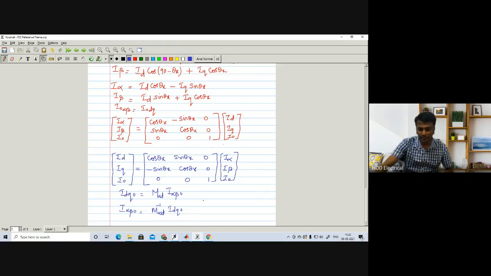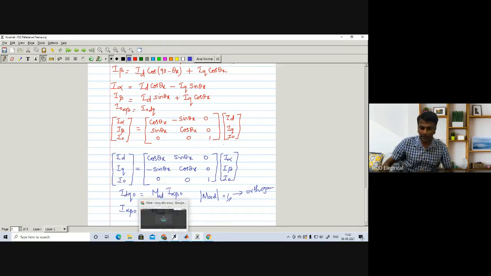If you take this M alpha D, the determinant of M alpha D is cos square theta plus sine square theta, that is equal to 1. So it is called an orthogonal matrix.